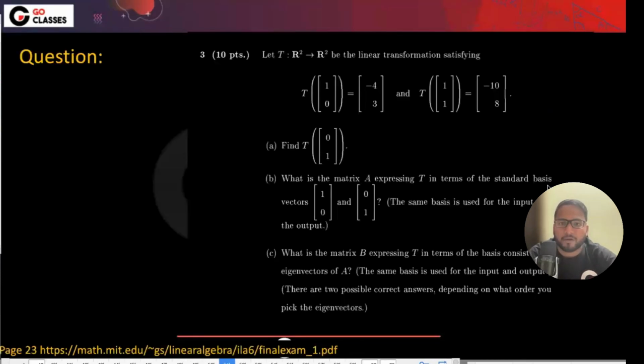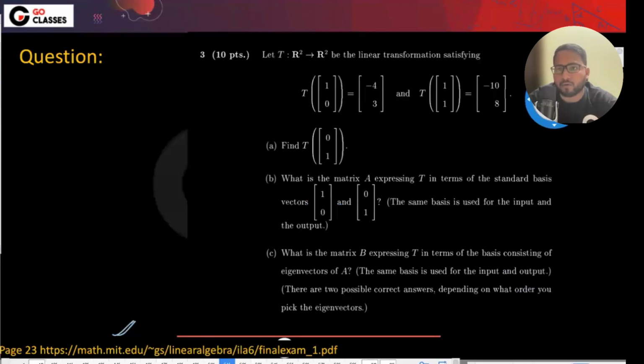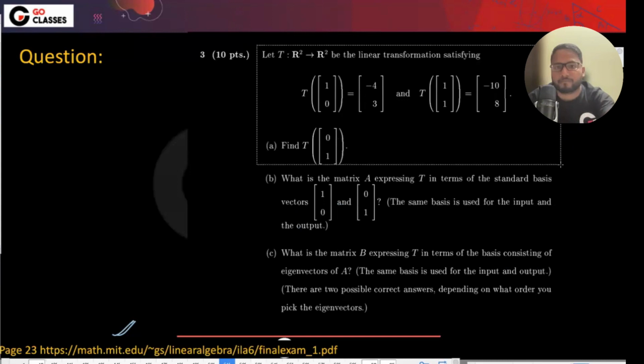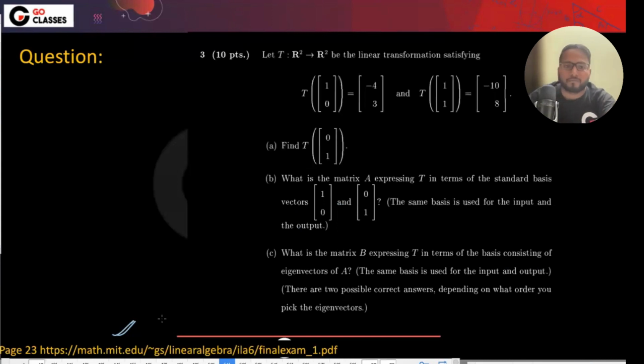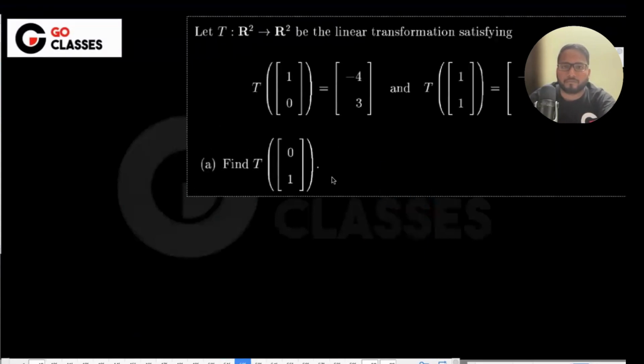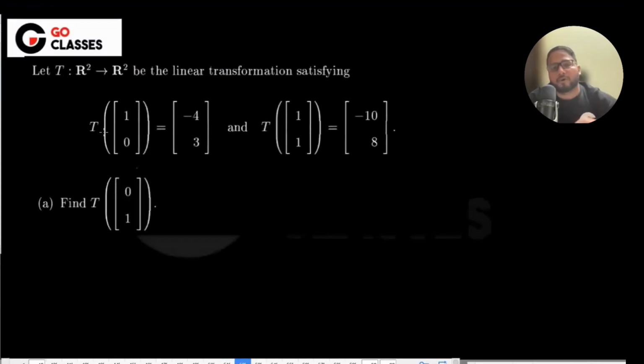Anyway, now let's solve this question, which I have taken from MIT. Let T be some linear transformation, something like this. Find T of (0, 1). Maybe I can go to the next page and zoom in.